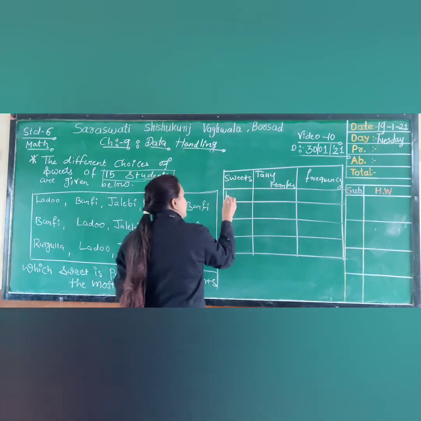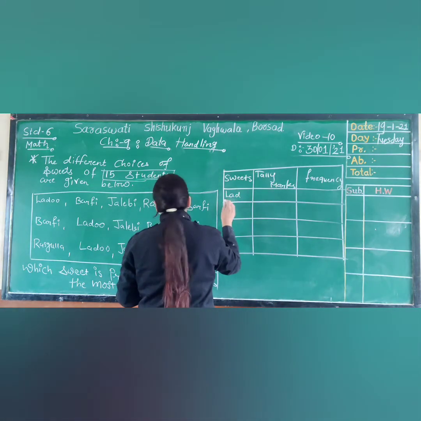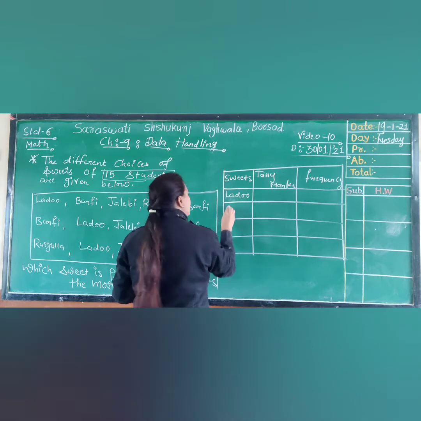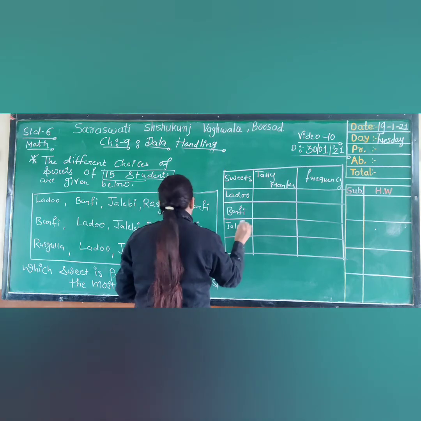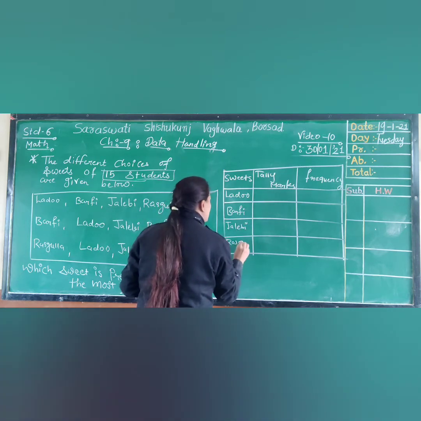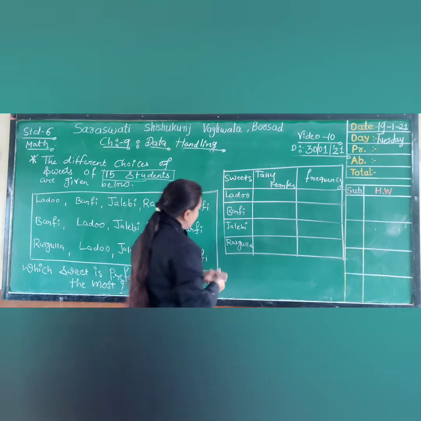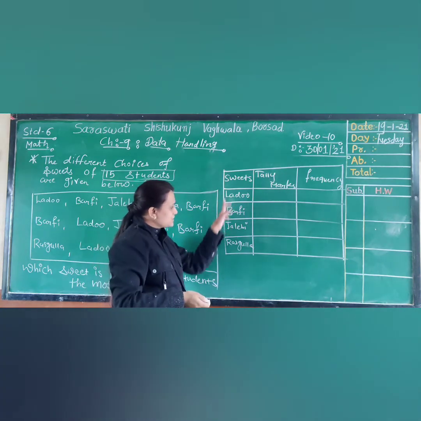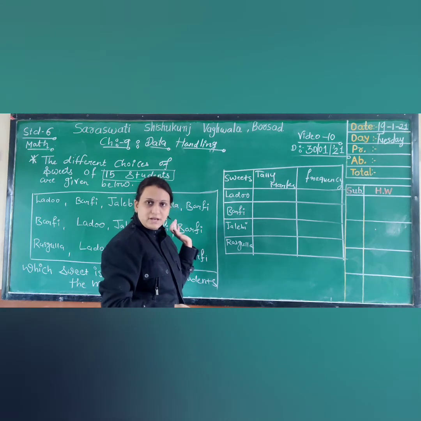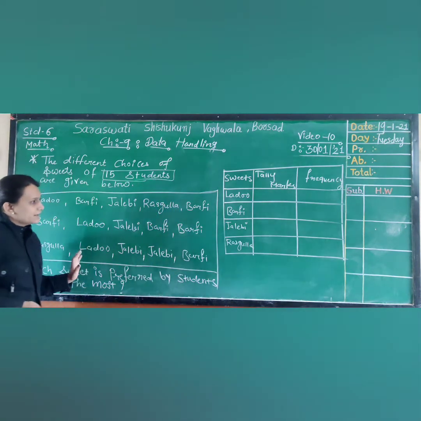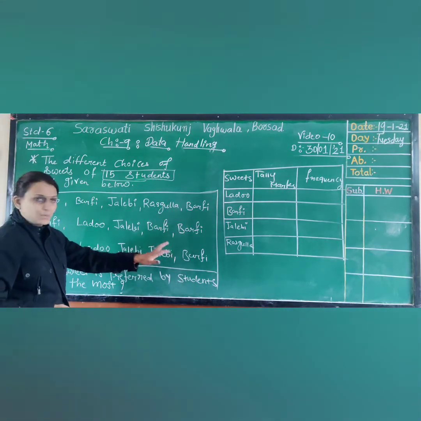So here let us define the different sweets: laddu, then barfi, then jalebi, and here rasgulla. You can write jalebi first and laddu third. The order doesn't matter in this type of data. So now let us find tally marks and frequency from the data.